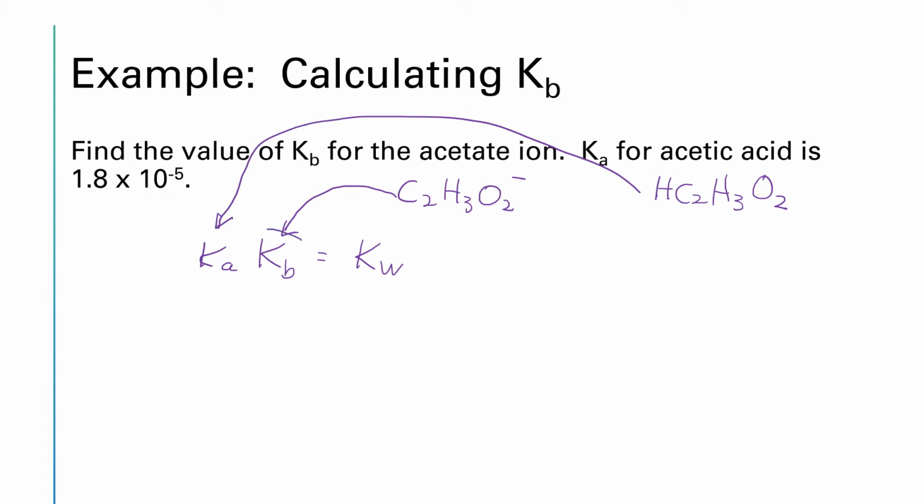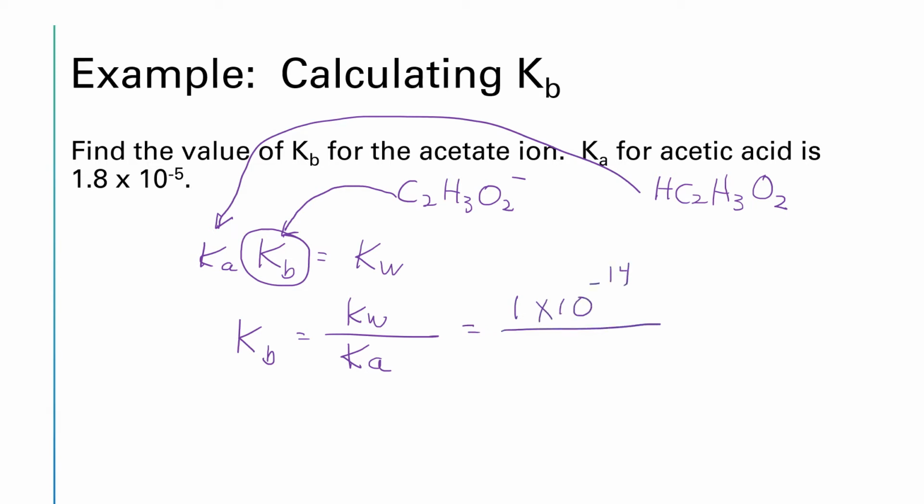Since Kb is the thing we want to find, I'm going to go ahead and rearrange this equation, and that gives us that Kb is Kw divided by Ka. Kw is 1 times 10 to the negative 14, and Ka is 1.8 times 10 to the negative 5.